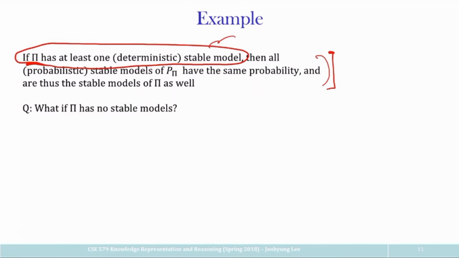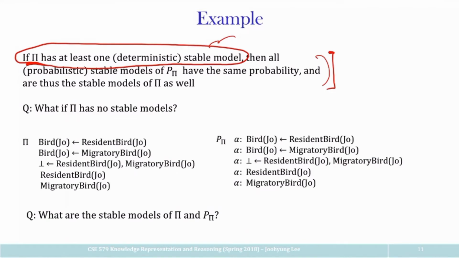Let's actually look at this example. The original program. What is the stable model of the original program? This one. If you call Clingo, what will happen? It's unsatisfiable, no stable model. So there is none.